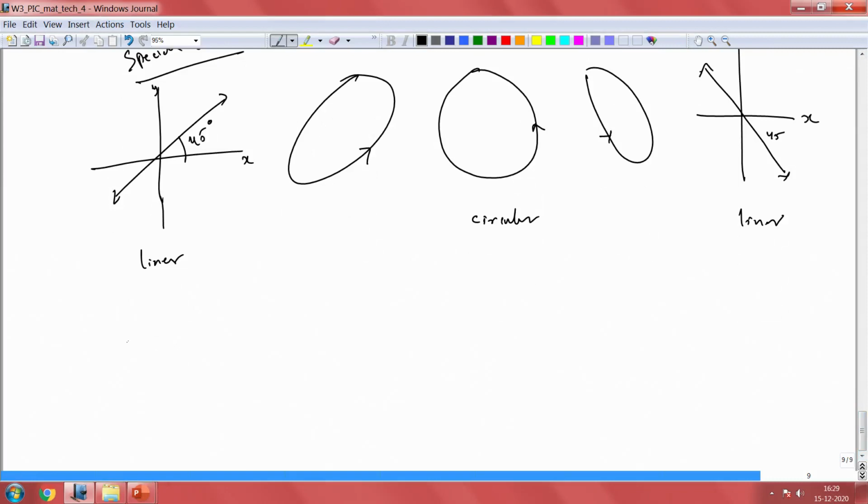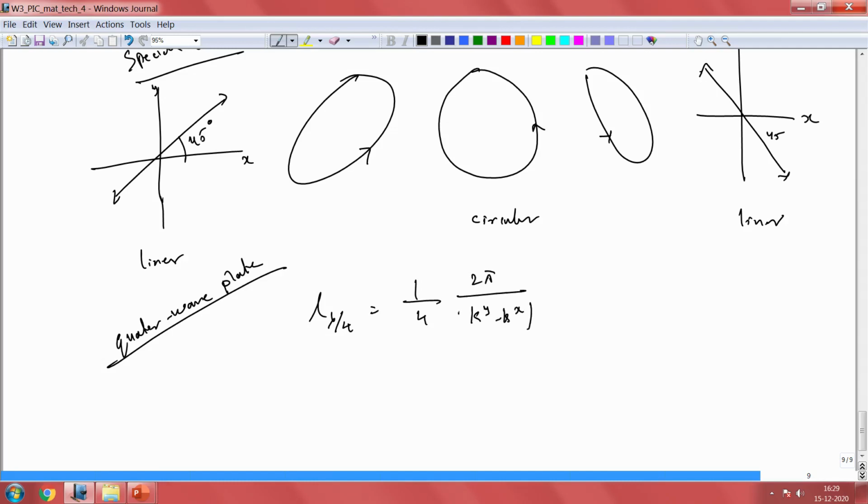Okay. So for a quarter wave plate or a quarter wave change, right, that is what you go from linear to circular or linear to elliptical. So that L equal to lambda over 4 is given simply by this, all right, or in other ways it is lambda over 4 times the modulus of ny minus nx.